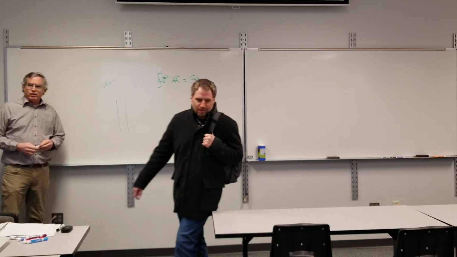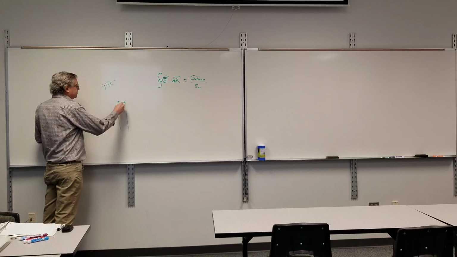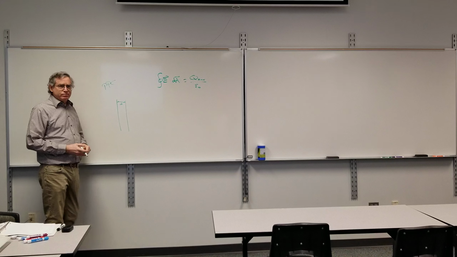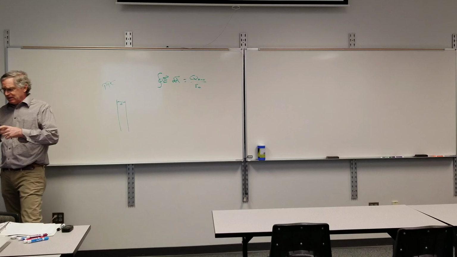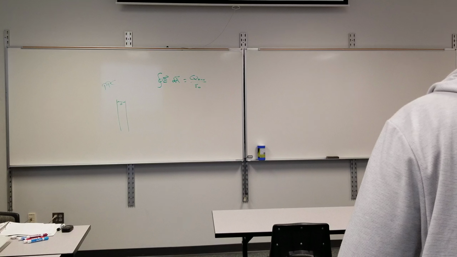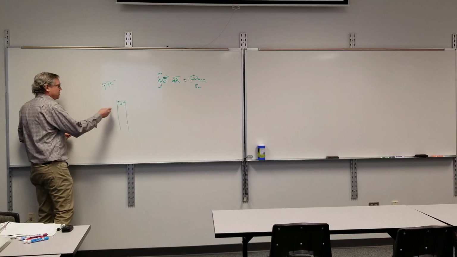So I take two parallel plates here. I know that if the distance between them is small compared to the dimensions of the plate, for example, if you had 10 centimeter by 10 centimeter metal plates and a dielectric 0.1 millimeters thick in between them, the distance between them is definitely tiny relative to the dimensions.